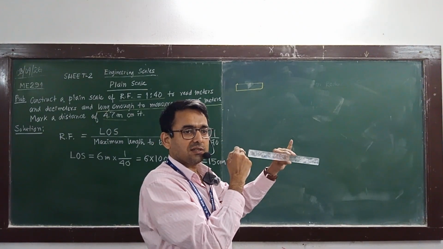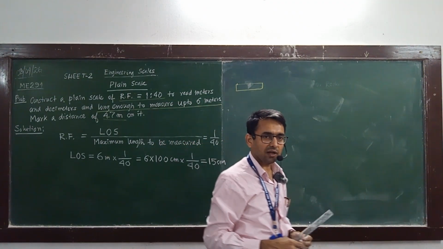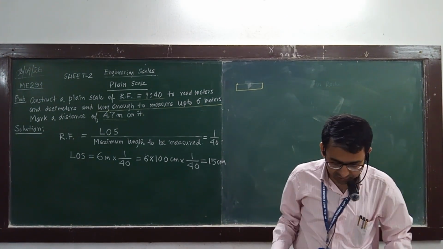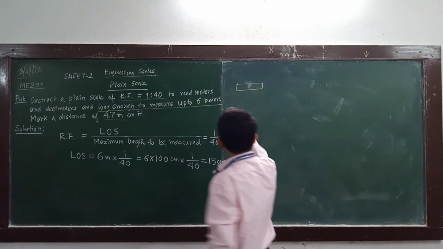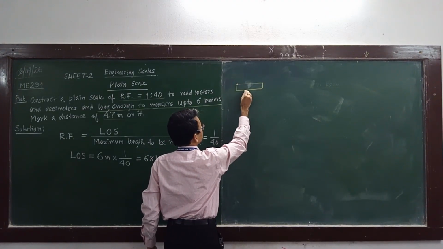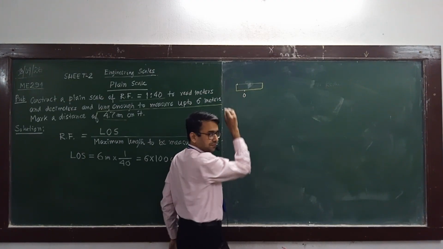Clear? So in that scale you will mark 7. That is the job. Is it clear? Basically, instead of the 0 on the leftmost point, you will mark the 0 somewhere here. So that will be 0.